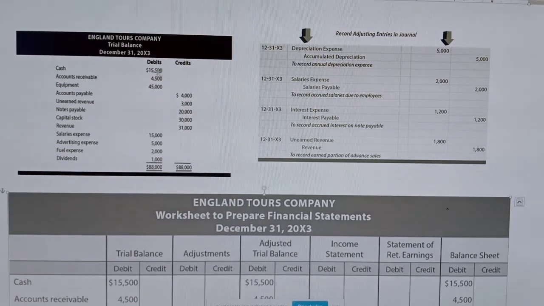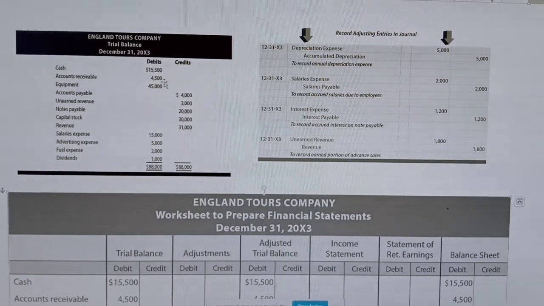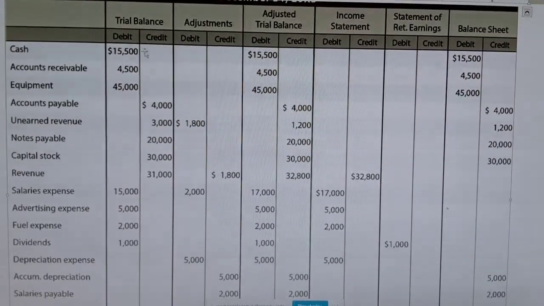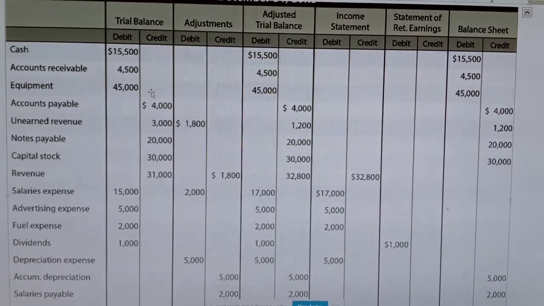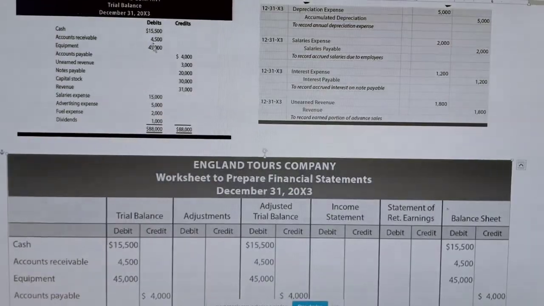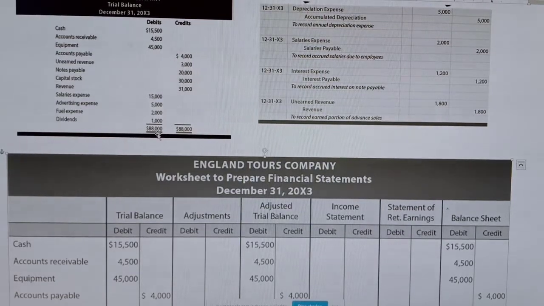Itong 15,500, 4,500, 45,000, and 4,000, 3,000, 20,000, 30,000, 31,000, and 15,000, 5,000, 2,000, and 1,000. Okay? Ita-transfer natin siya under ng debit column and credit column under ng trial balance. And then, isusulat din natin yung kanyang balance, the debit balance and credit balance na 88,000.